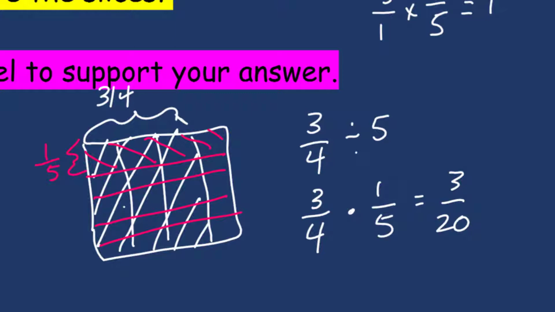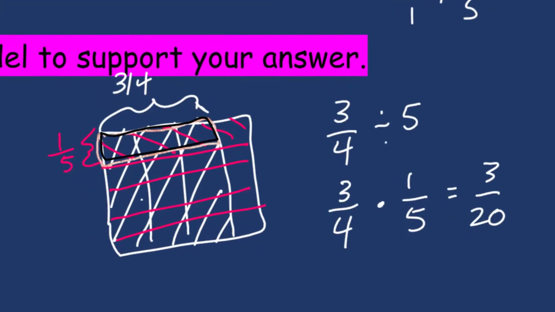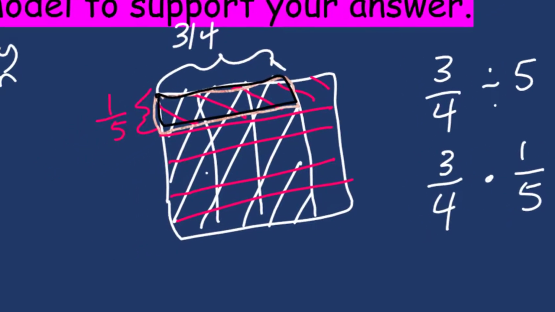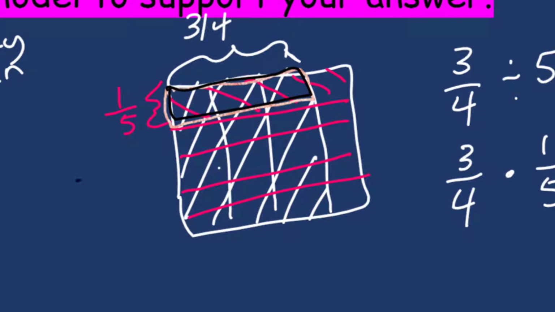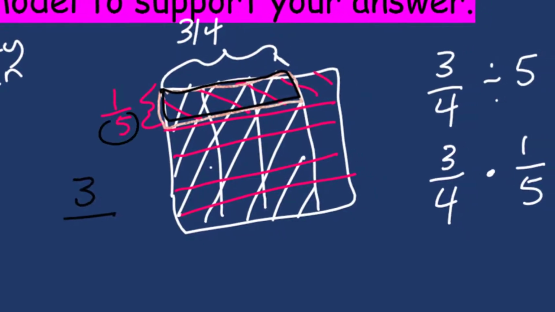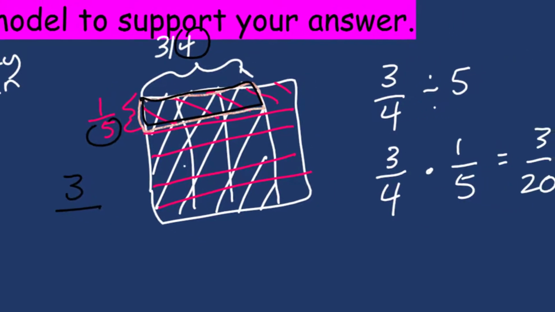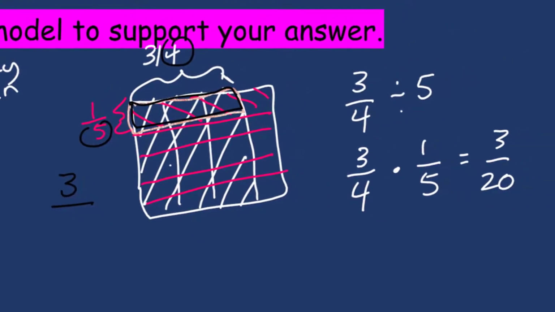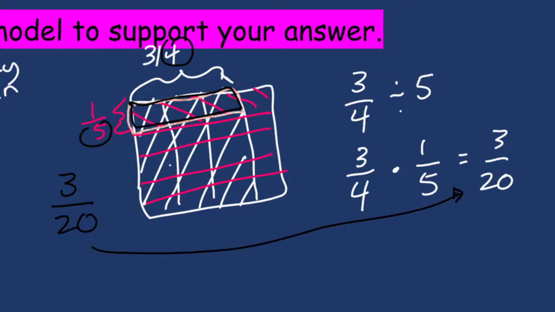You can see where it crisscrosses, it's this right here. These three right here end up overlapping each other. I use my black here to make it a little more clear. And then that is just 3 equal sections out of my total, which, by just looking at the denominators, lets you know that there are 20 equal squares. So I end up with my 3/20, which is what we just solved here with the algorithm.